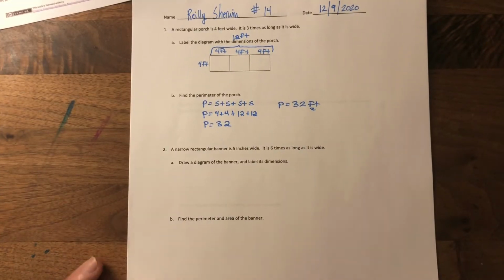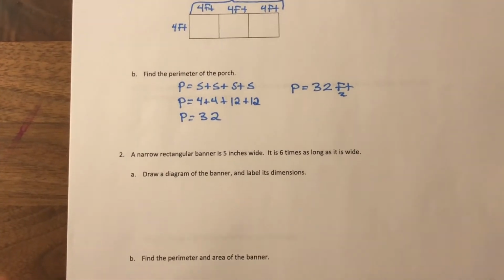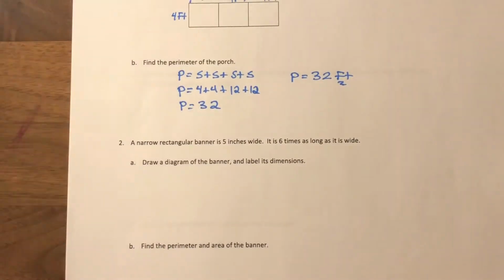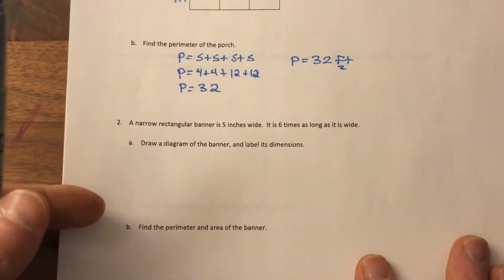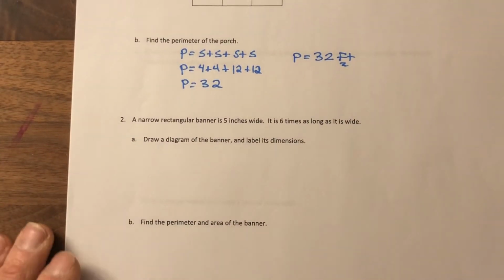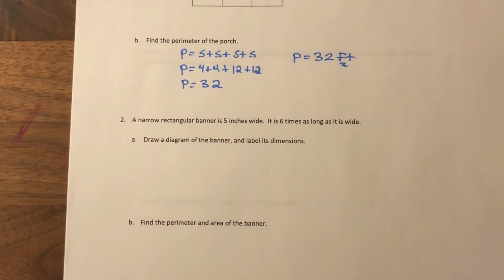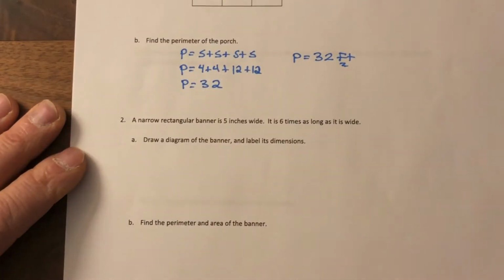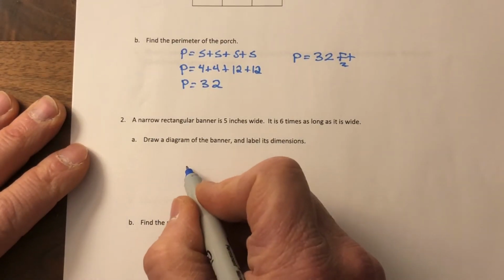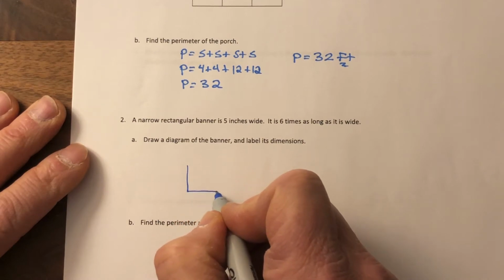So let me zoom back in here, okay? And get started. A narrow rectangular banner is 5 inches wide and 6 times as long as it is wide. Okay, so I have to write that down. So I'm going to use the same kind of thing up here. So I'm going to write down just a little square, okay?